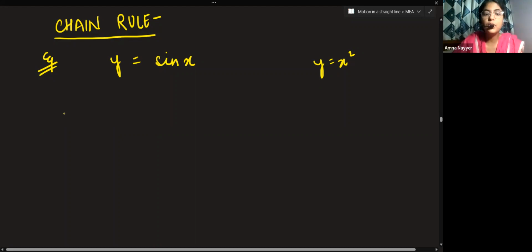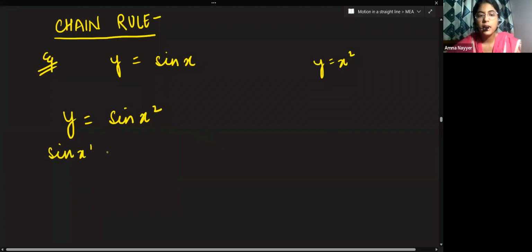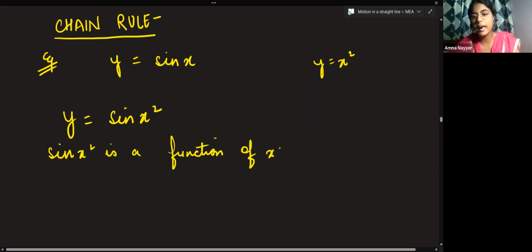But if you get y is equal to sine x square, then you have to apply chain rule. Here, this whole sine x square is a function of x square, and x square is a function of x.